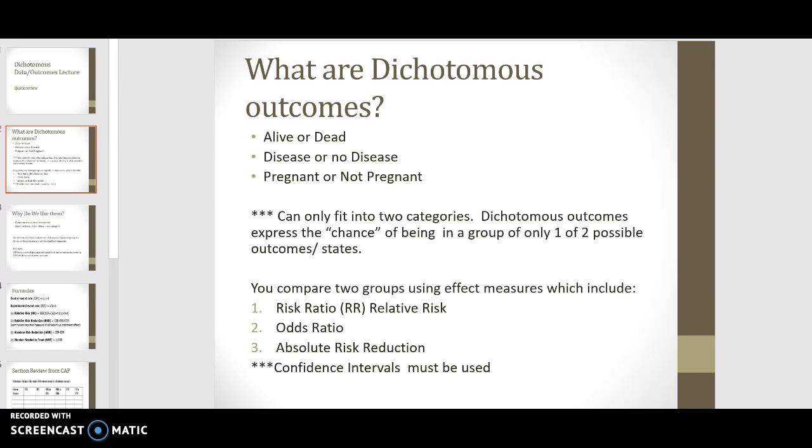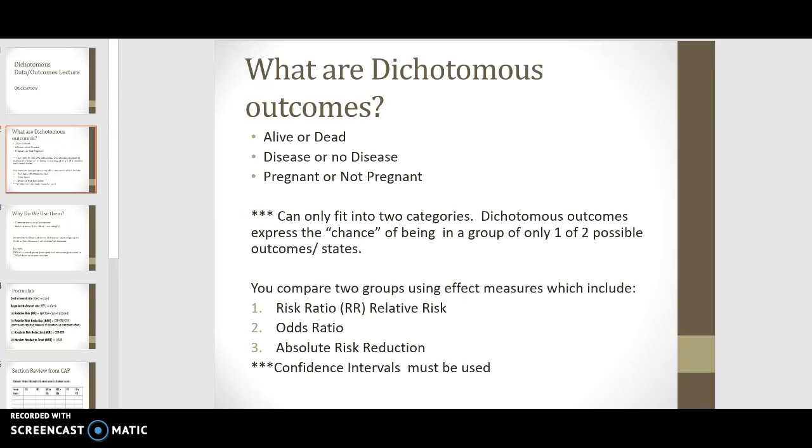Because it can only fit into two categories, the outcomes are expressed as the chance of being in a group of only one of two possible outcomes or one of two possible states. So with dichotomous outcomes, we use effect measures to compare two groups and to determine the outcome.